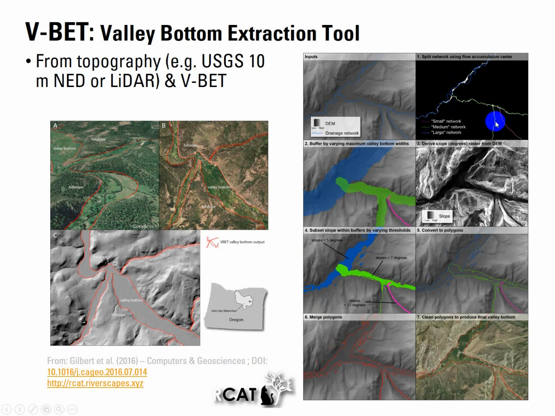As you get into steeper headwaters, what's flat is a little steeper than what's flat down in the bigger main stems. And so the buffer that we looked in, as well as the slope analysis that we used, so less than 5 degrees down here, less than 7 degrees here, less than 12 degrees up here, varied.